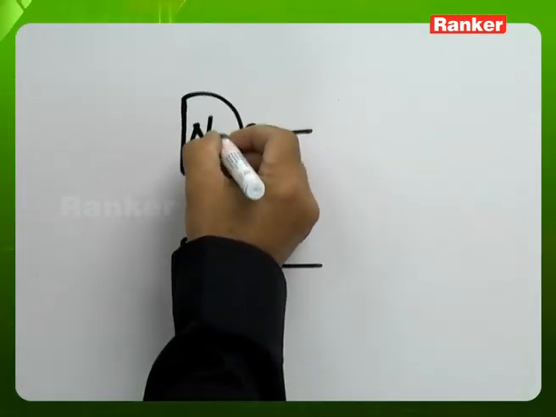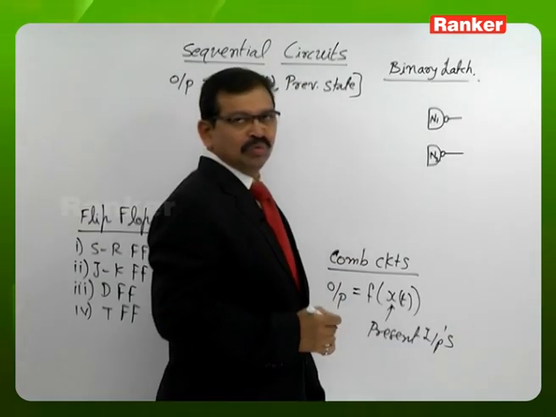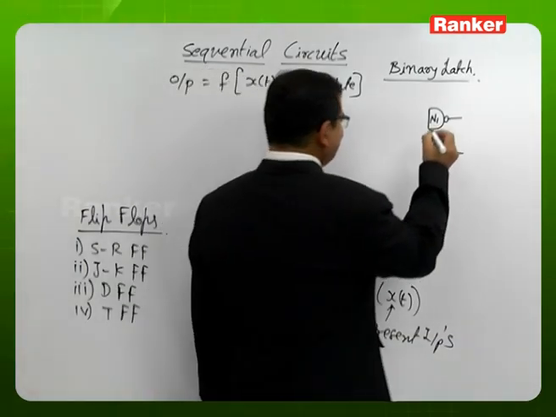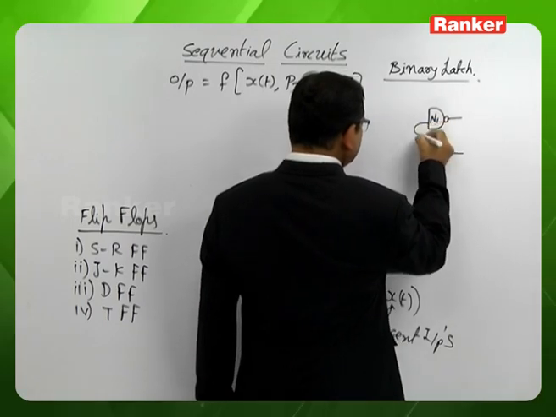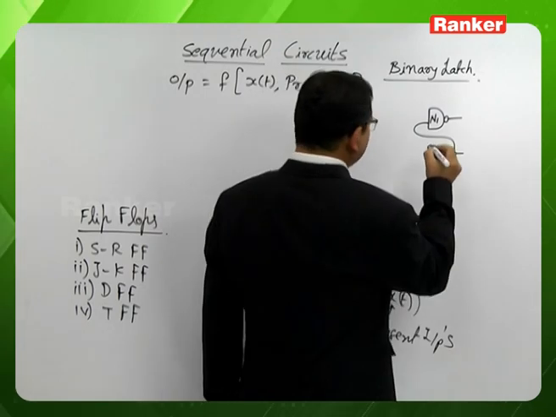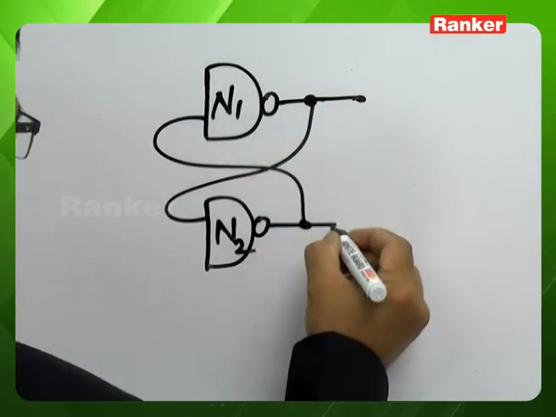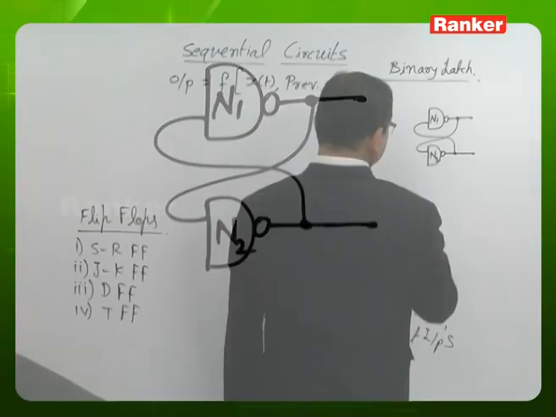Let us name it the NAND gate N1, and the NAND gate N2. The NAND gate N1 input is the NAND gate N2 output. The NAND gate N2 input is the NAND gate N1 output.